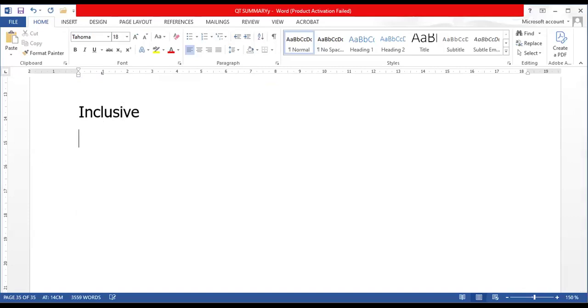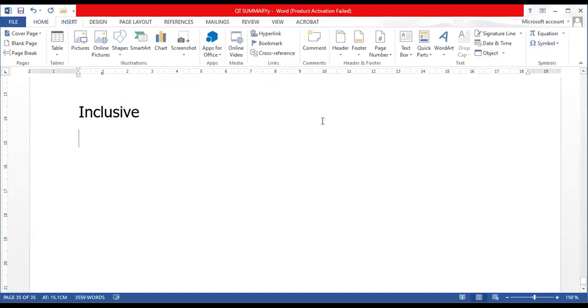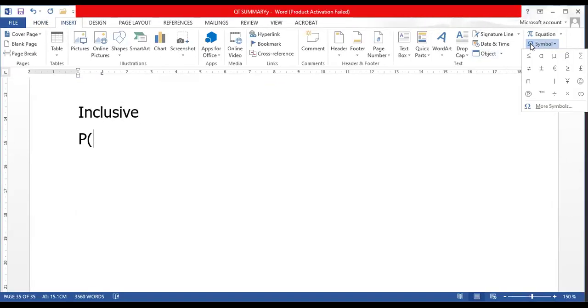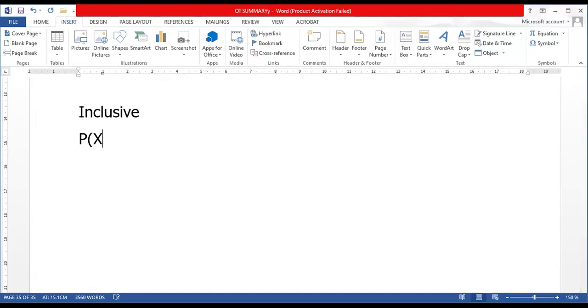If you have the probability of x is less or equal to 10, how do you get the figure that is exclusive?